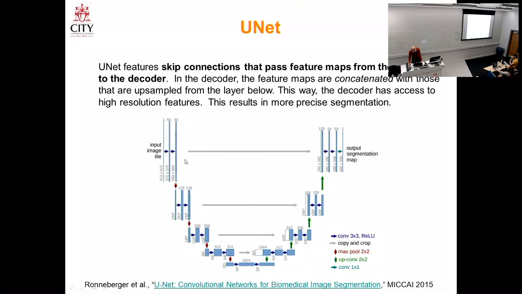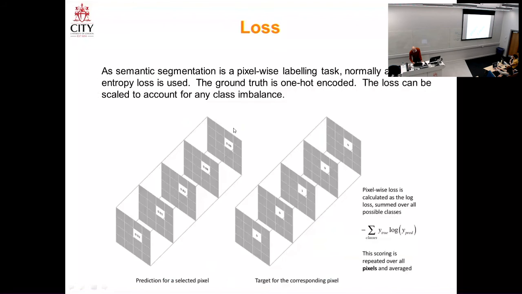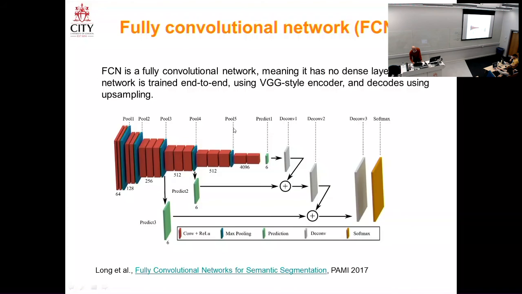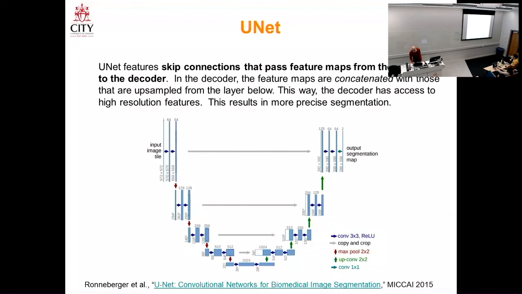This way, I have a lot of fine resolution detail in these feature maps. They're passed over here. That way, my segmentation map is going to be more precise than if I didn't have these skip connections. And in fact, FCN doesn't have those types of skip connections. So UNet tends to give more precise boundaries in segmentation.